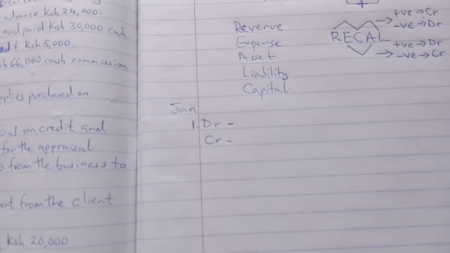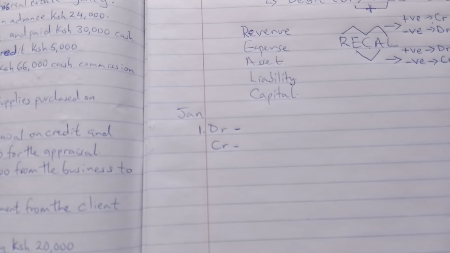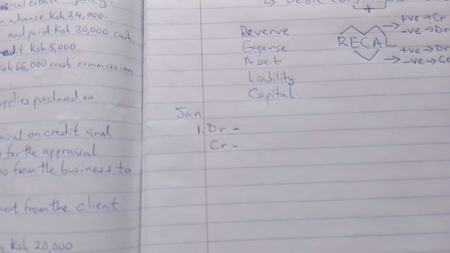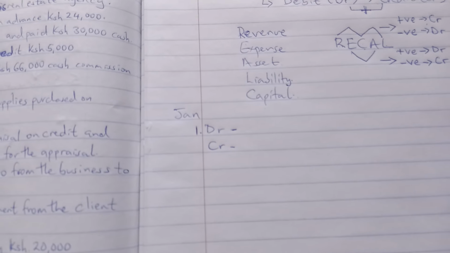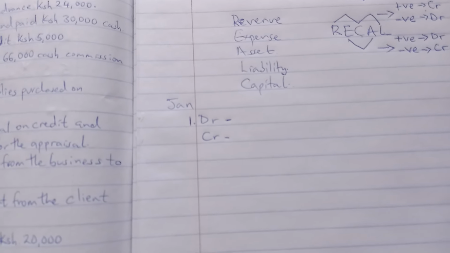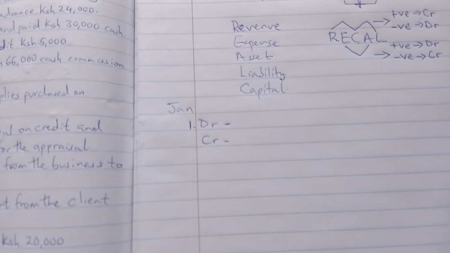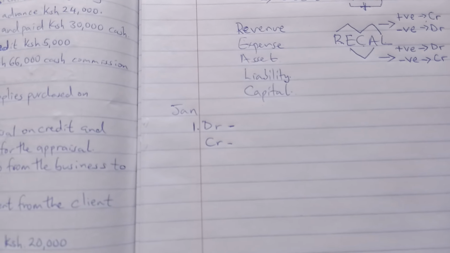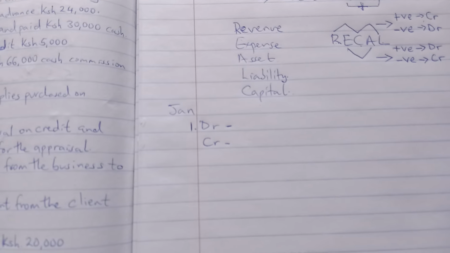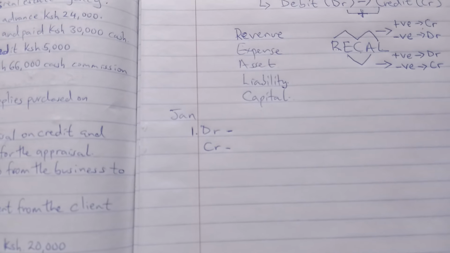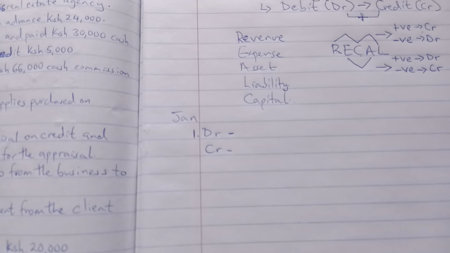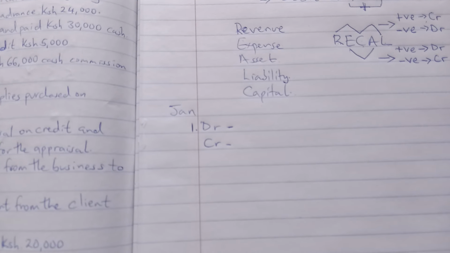Let us say now we are the real estate agency. We were not there, but now Mr. Martin created us and he has invested money in us. So it means that we have cash worth 400,000.